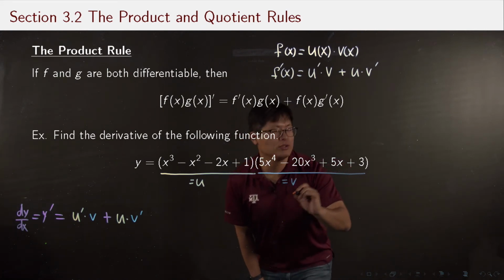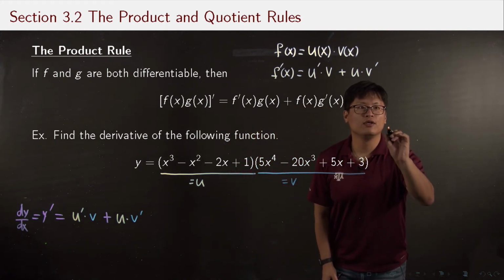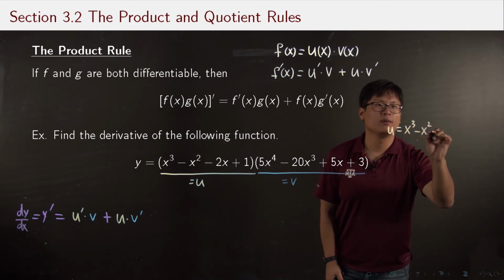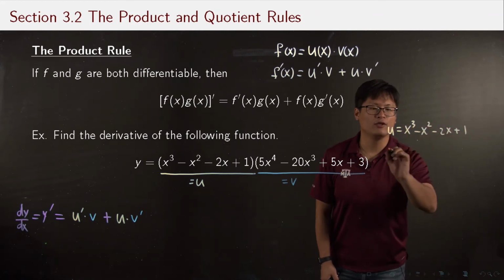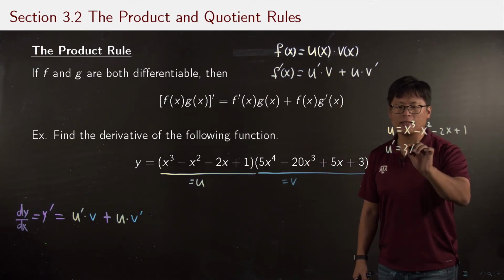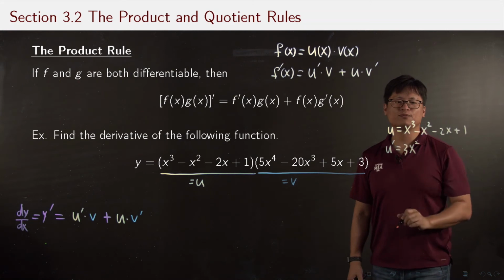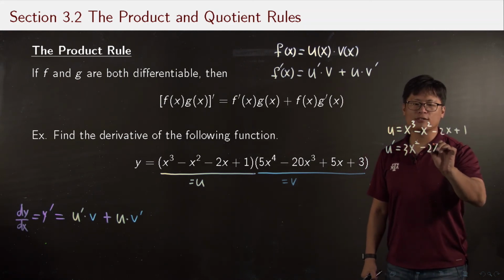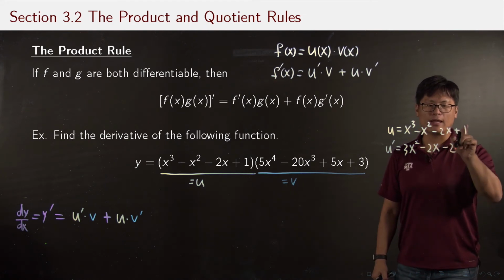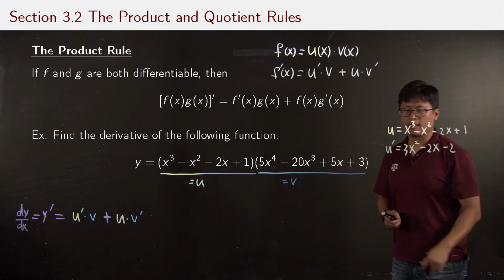U is x cubed minus x squared minus 2x plus 1. Then u prime is easy. We practiced this a lot: 3x to the 3 minus 1, which is 2, minus 2x to the 2 minus 1, which is 1, minus 2x prime is 2, and constant prime equals 0. We found the second piece.